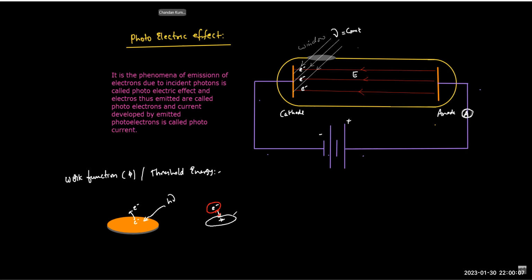When they receive a photon, when they receive energy in the electromagnetic waveform, they try to escape, but the moment they try to escape, they feel the attraction because of the disturbed neutrality of the lattice, and this attraction needs to be overcome in order to escape. That energy we define as the work function, or the threshold energy. So there is a definition which one should remember. And what is the definition?